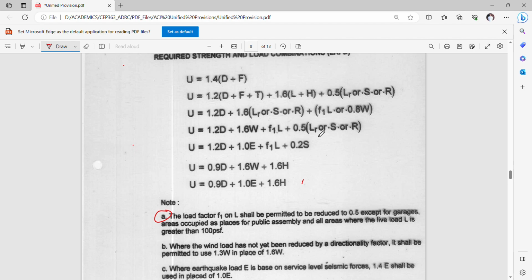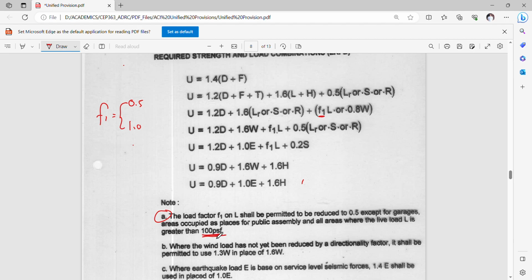So take note that here in note letter A, the factor F1, which is normally written beside the live load, right? It has a value equivalent to only two values, no? So this could only be equivalent to 0.5 or 1.0, depending upon the value of the live load itself. Okay?